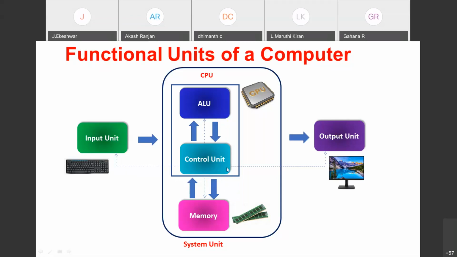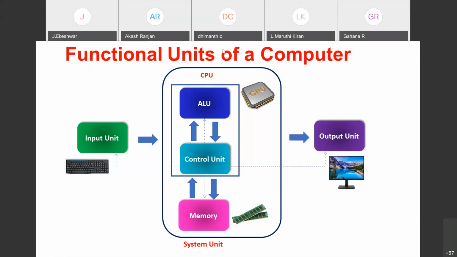Since the registers reside within the processor itself, access operations will be faster. So this is one point you need to remember with respect to the processor. The instruction or data fetched from the memory will be stored in a high-speed storage element called a register. Coming to the ALU, I've already mentioned, for performing arithmetic and logic operations, the ALU component is used.